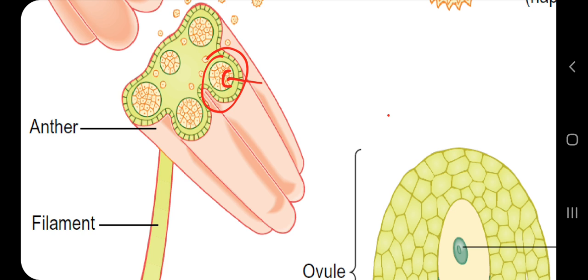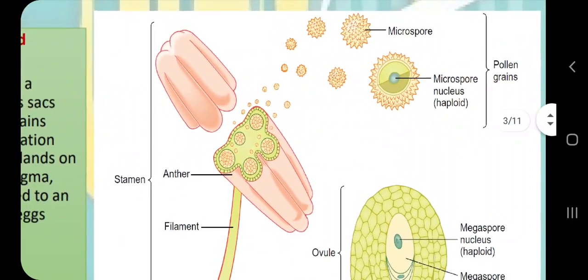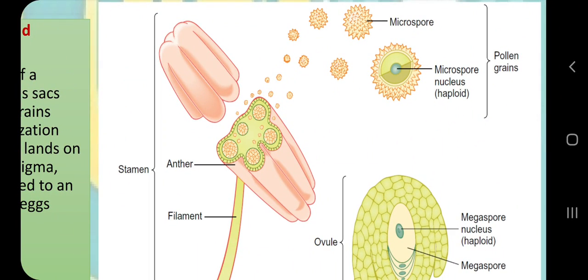These cells are diploid cells, so they will undergo meiosis and they will give rise to pollen grains or microspores first. And microspore is the first cell of male gametophyte, which is pollen grain.